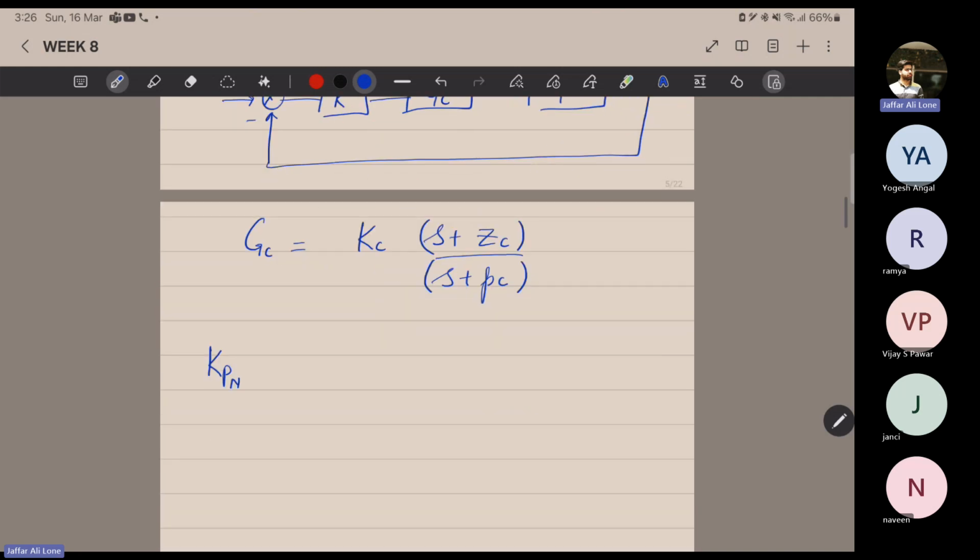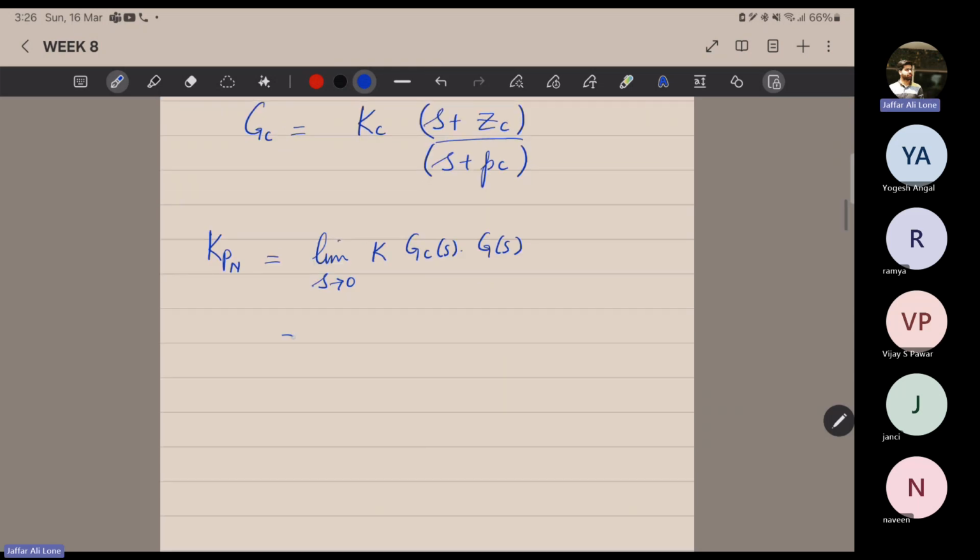Now this Kpn will be, limiting s tends to 0, K into Gc of s into G of s, which will be equal to K Z1, Z2, and so on up to Zm divided by P1, P2, and so on up to Pm, into Kc, Zc over Pc.